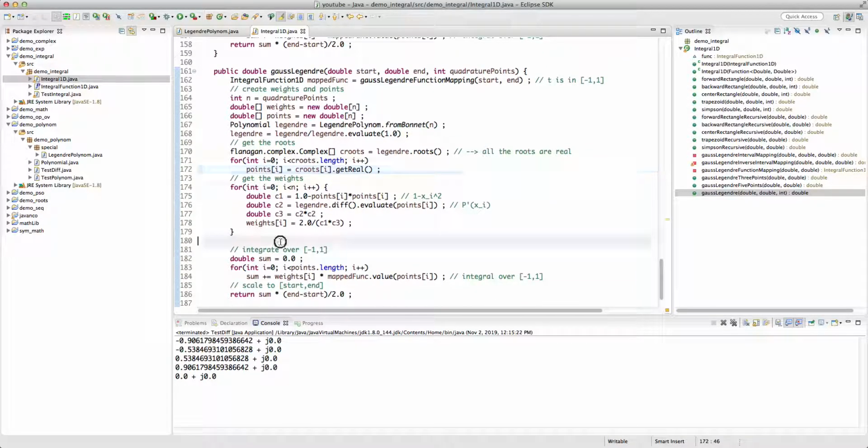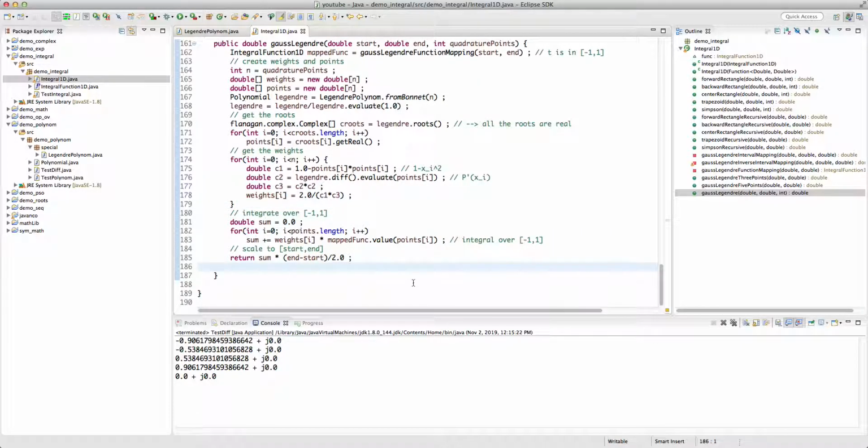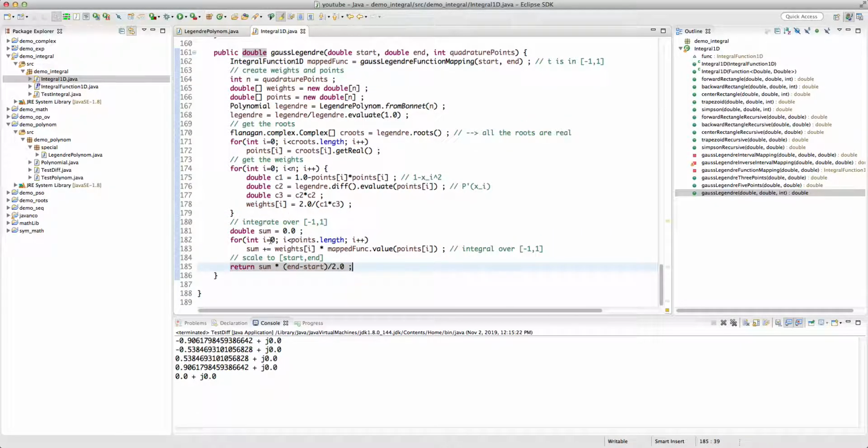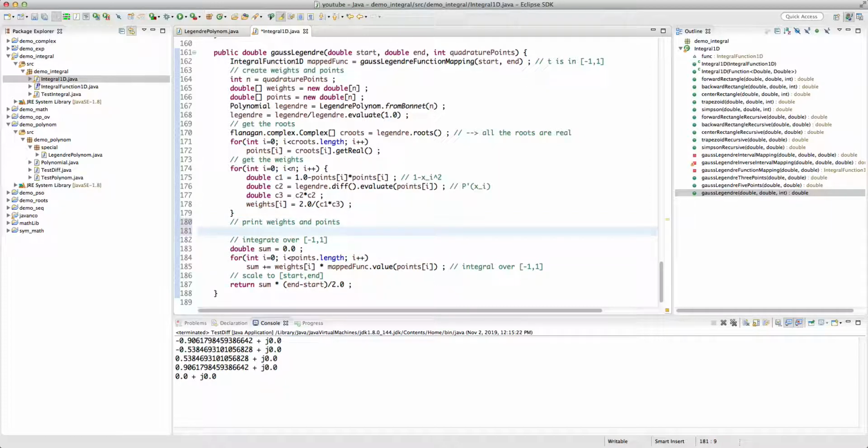All right, we get the points, we get the weights, and then we get the results. Now let's just print the weights and points to make sure that our algorithm is correct.